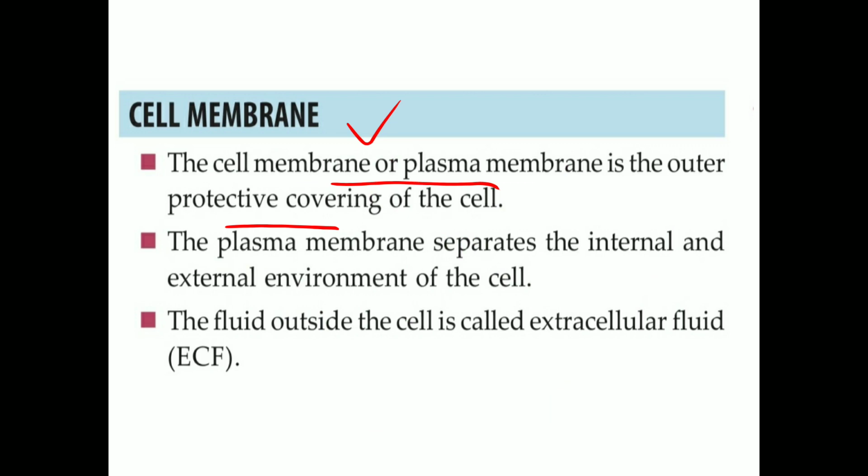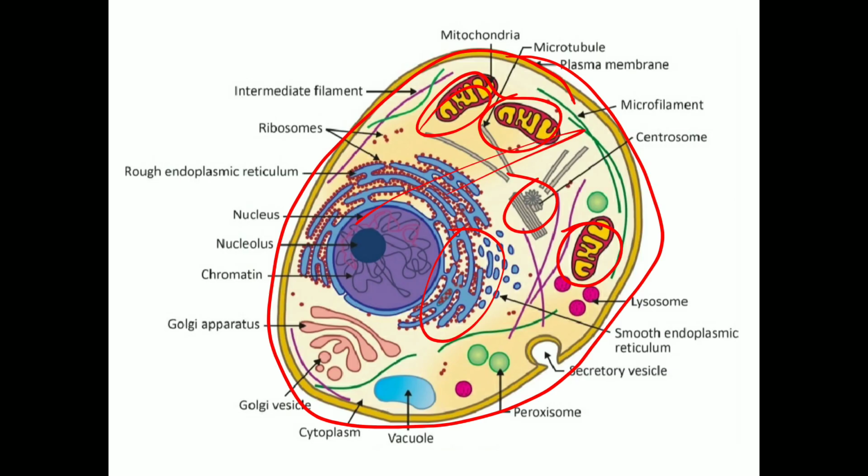Let's see the cell membrane. The cell membrane, otherwise called the plasma membrane, is the outer protective covering of the cell. This plasma membrane separates the internal and external environments of the cell. This is the internal environment of the cell, and outside is the external environment.